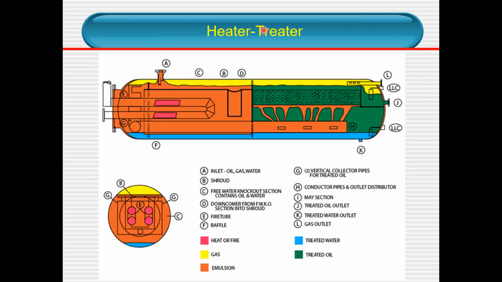A typical heater treater is similar to the separator and free water knockout, except it has the heating elements over here. If you already judge that you have this heater treater, you already optimize the fluid and separate the water and oil into different phases rather than having emulsified fluid.